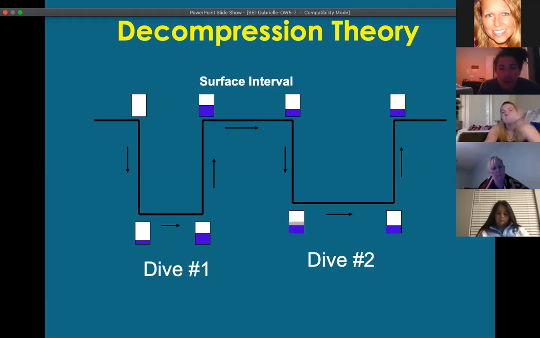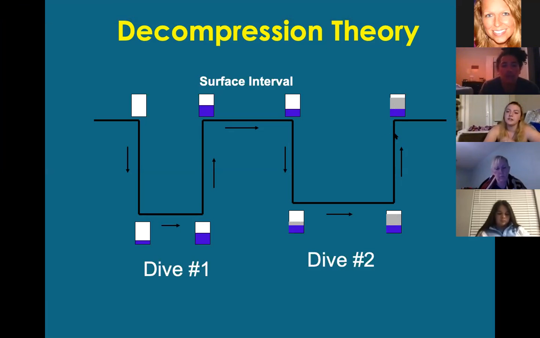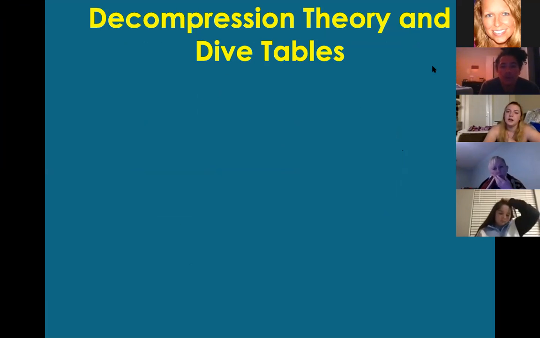And then after the surface interval, you decrease the amount of nitrogen in your body. Then you'll add that extra on the second dive, and after another surface interval, the nitrogen decreases. That's kind of what decompression theory is.